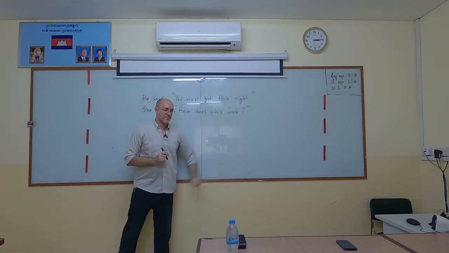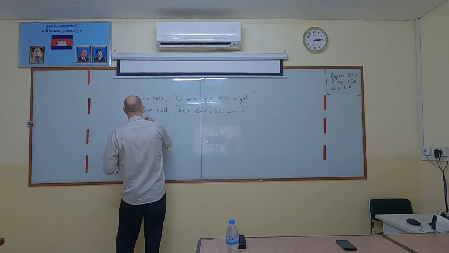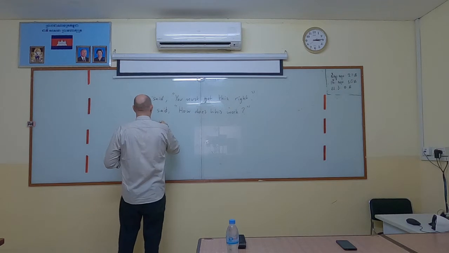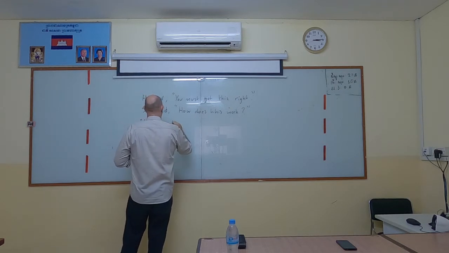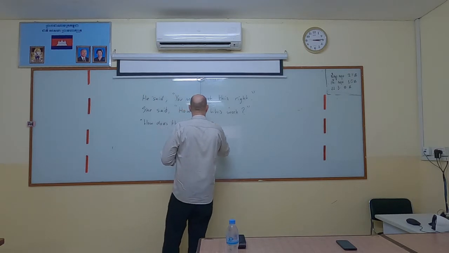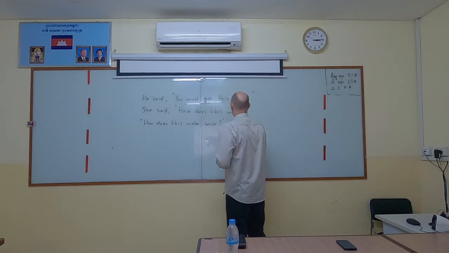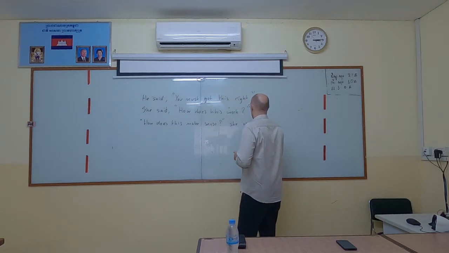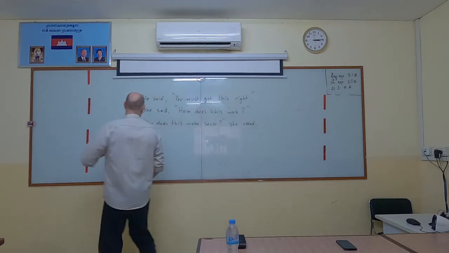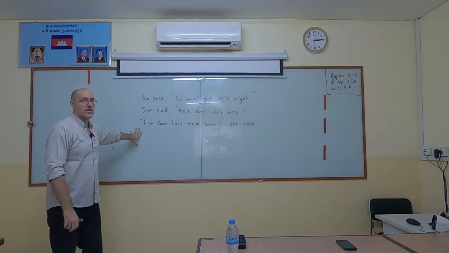Okay, now this is where it gets confusing with questions. How does this make sense? She, oh no, I made the mistake. She asked. Okay, now we see here, capital letter, because this is what she said. How does this make sense? So this is our direct quote.